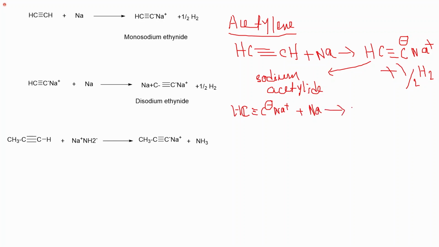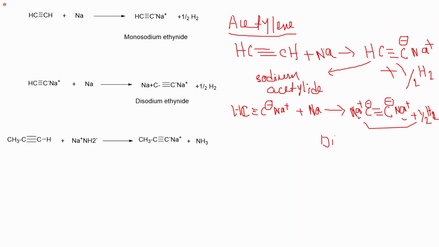This will go on to form Na⁺ C⁻≡C⁻ Na⁺, plus hydrogen. Okay, so this is called disodium acetylide. It is called disodium because there are two Na⁺, one Na⁺ and two Na⁺.